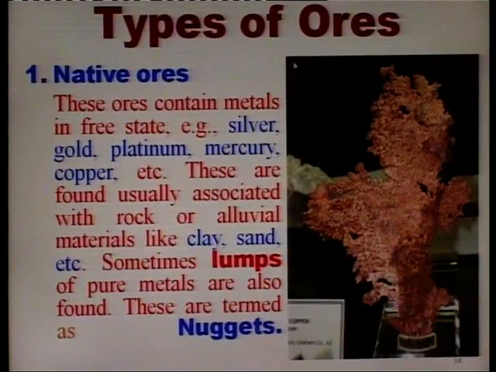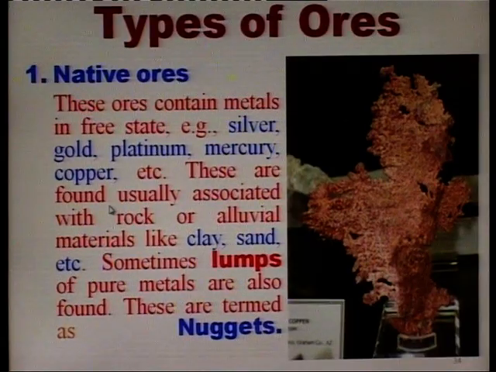Types of ores. First is native ore. Native ores contain metals in free state, for example, silver, gold, platinum, mercury and copper.